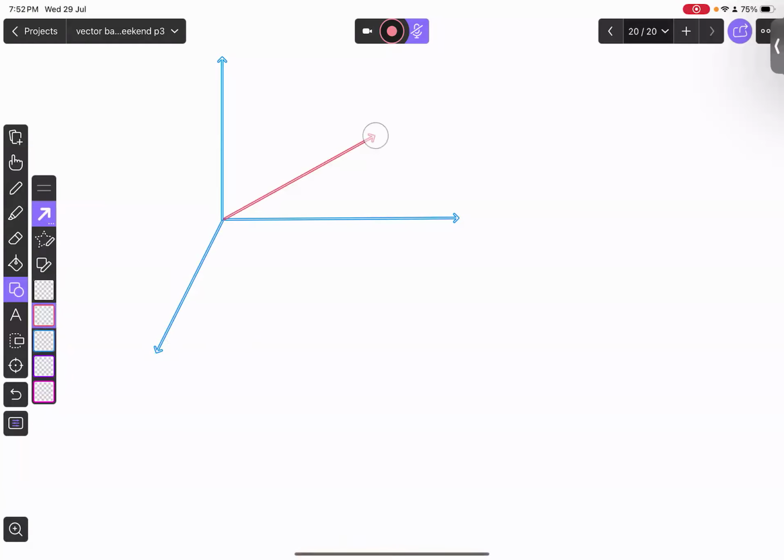Now here I have a vector A which is making theta x with positive x, theta y with positive y, and theta z with positive z direction.